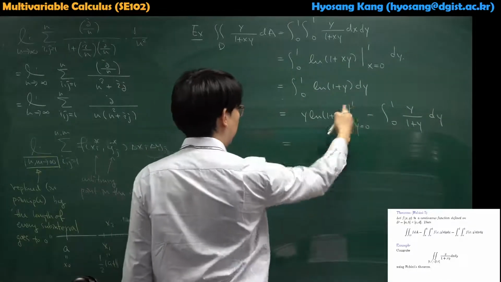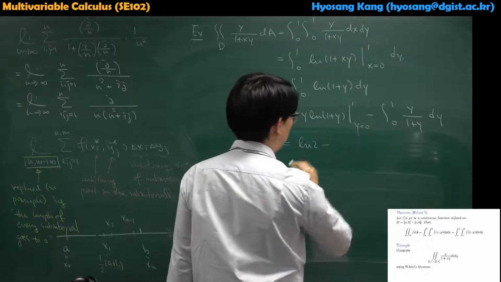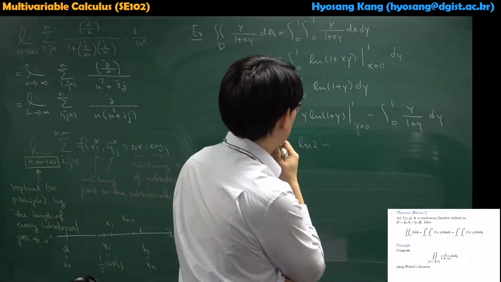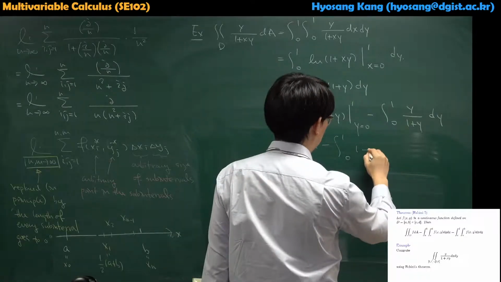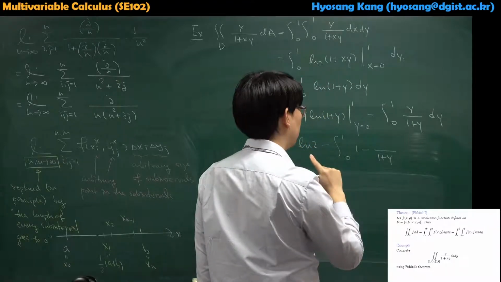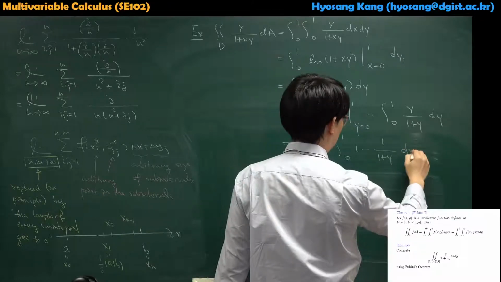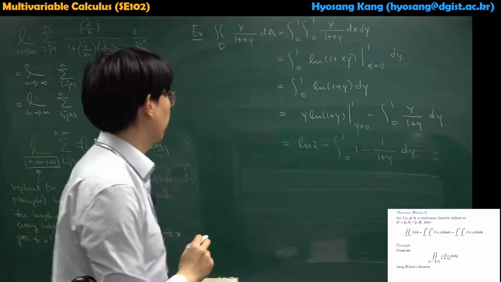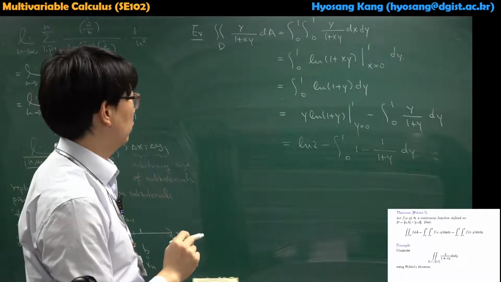So 1 becomes ln 2, 0 is 0, and minus, this can be written as 1 minus 1 over 1 plus y, dy.